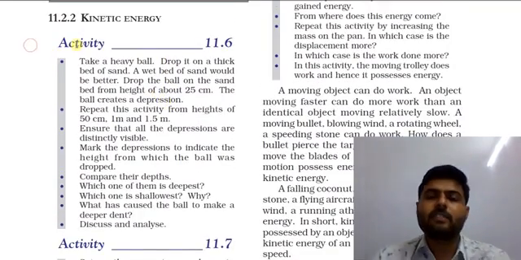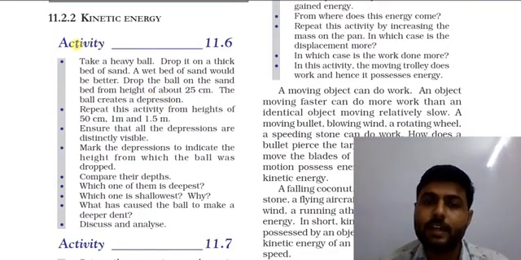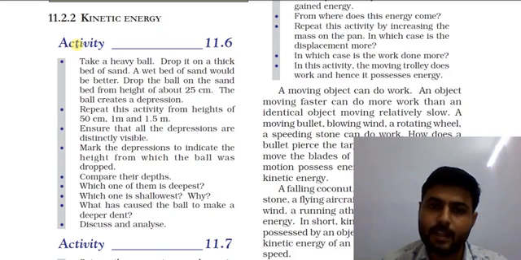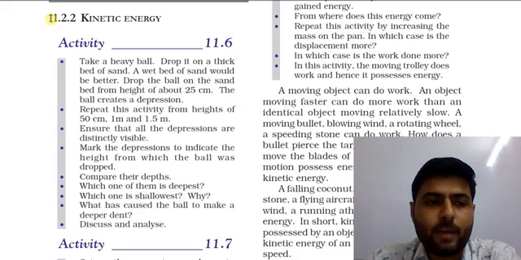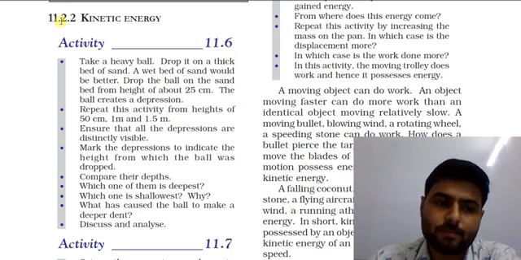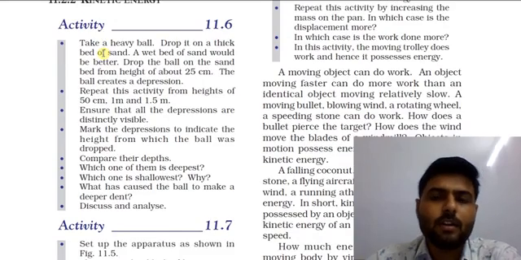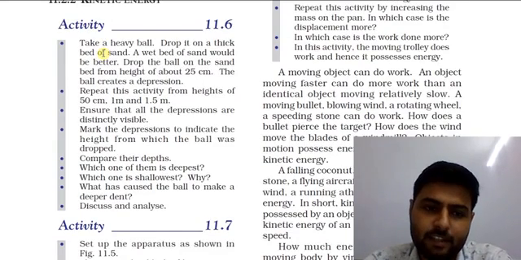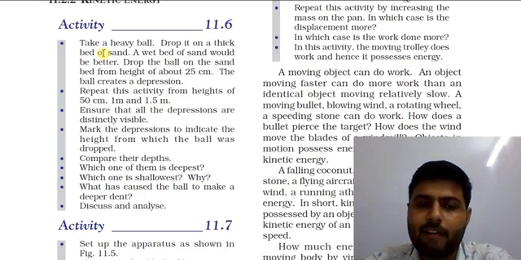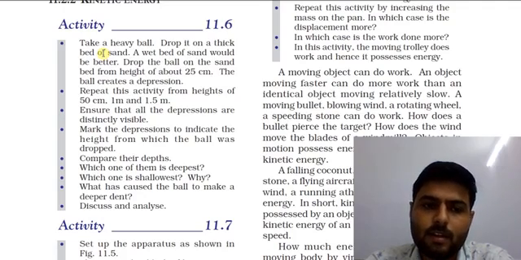As we discussed different sources of energy and different types of energy, now first is kinetic energy. We can understand kinetic energy by one activity. Take a heavy ball and drop it on a thick bed of sand. A wet bed is preferable.